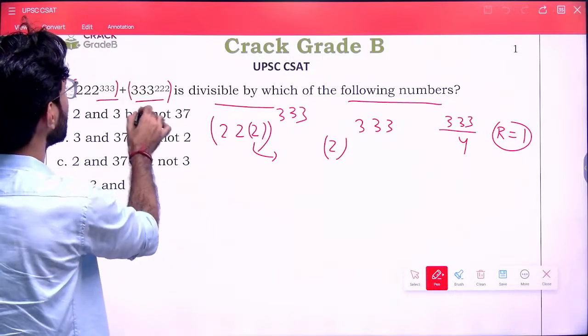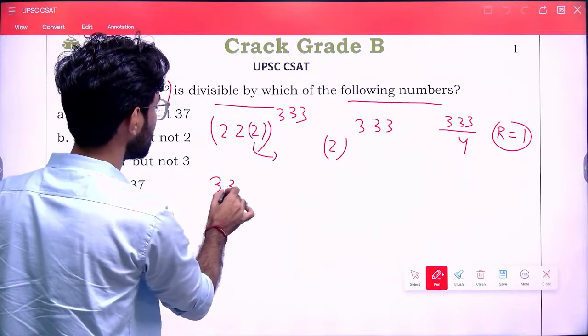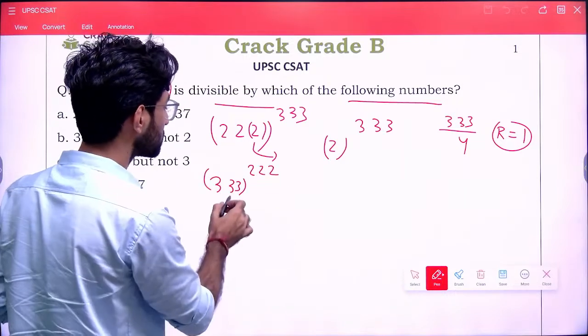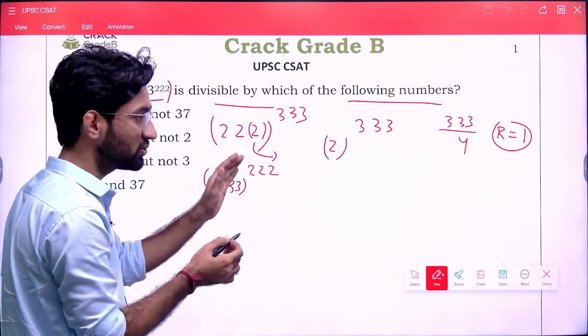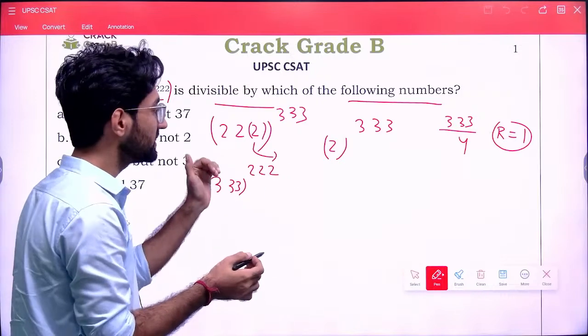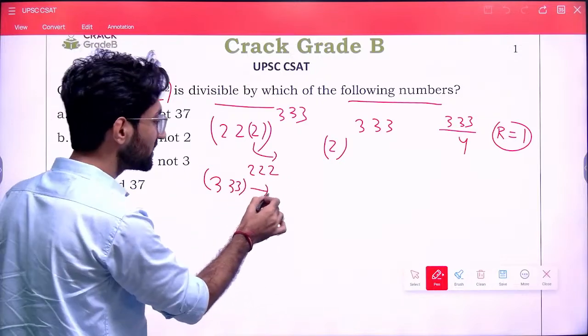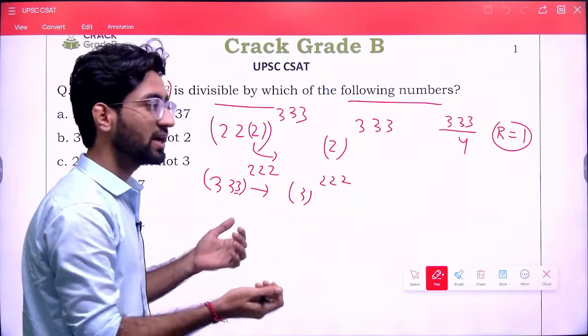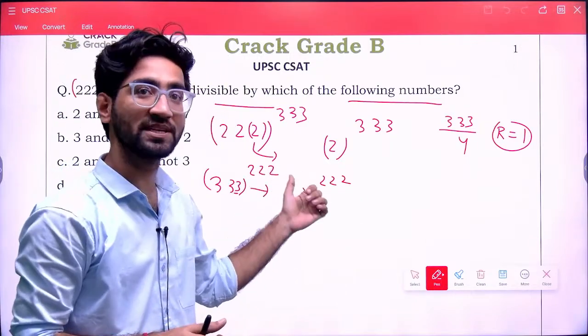And if you look at the second part, that is 333 to the power 222. The unit digit of 333 to the power 222 is equal to the unit digit of 3 to the power 222, right? And we also know that the cyclicity of 3 is 4.